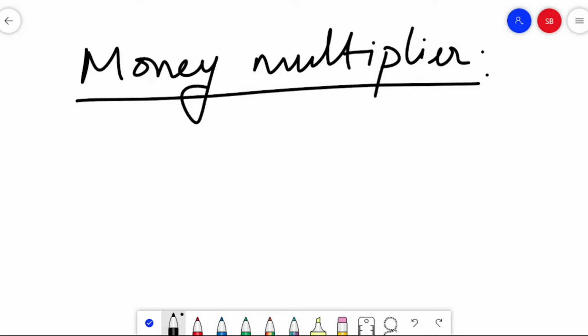So what is this money multiplier? I'm going to write the money multiplier in its shortest form like this. What does it imply?